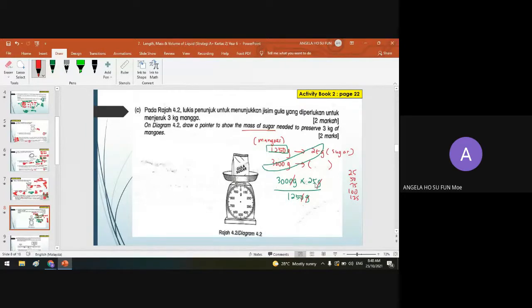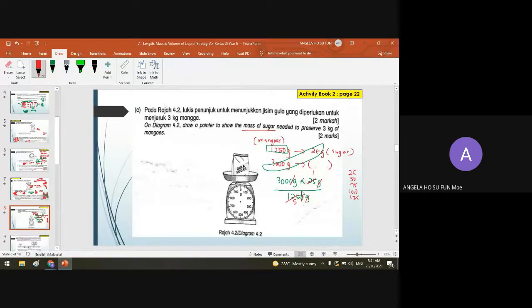So if you are using the timetable 25, I can cancel this 25 and 125 here. 25 times 1 is 25. 25 times 1, 2, 3, 4, 5, times 5, you will get 125.